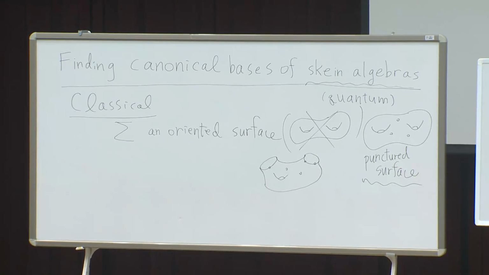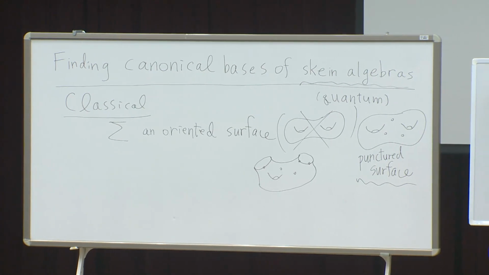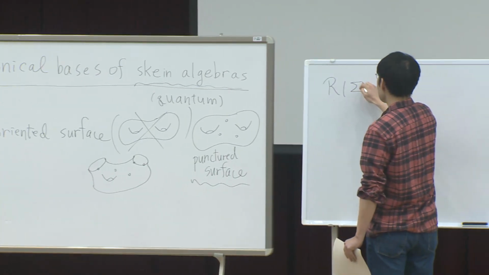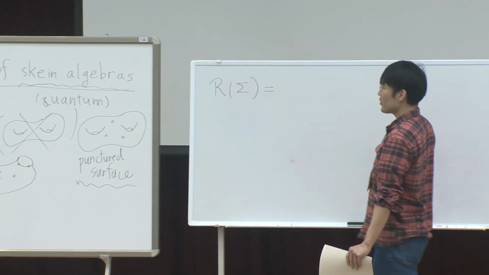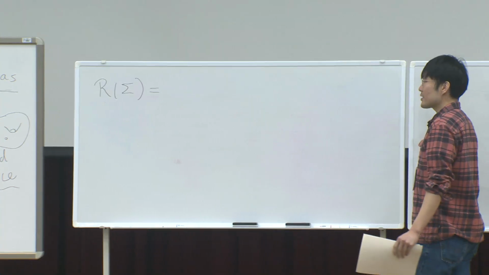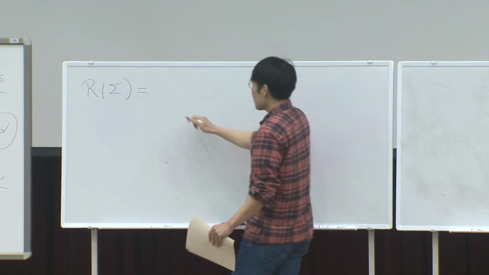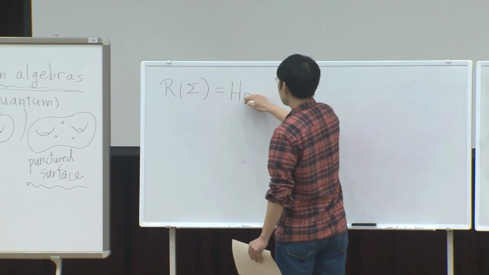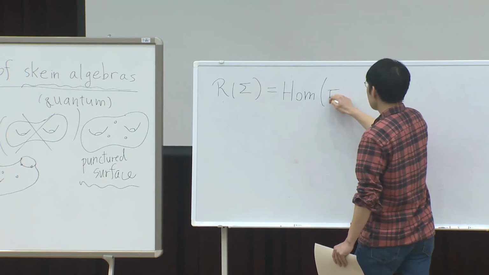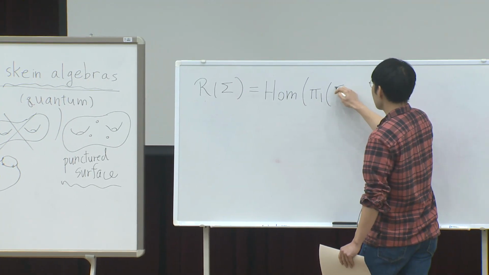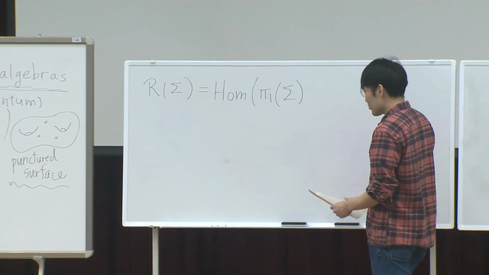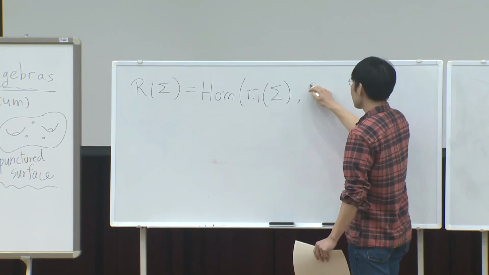And then the basic object that I'd like to start with is this. Let me call it R sigma. It's what people call the character variety, or SL2 character variety. It's defined as the space of all group homomorphisms from the fundamental group going to SL2C.